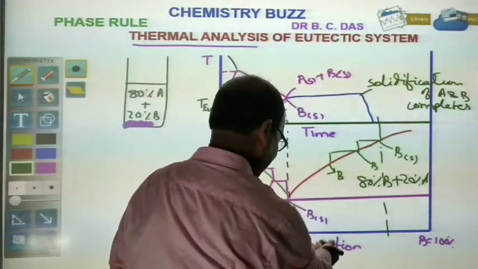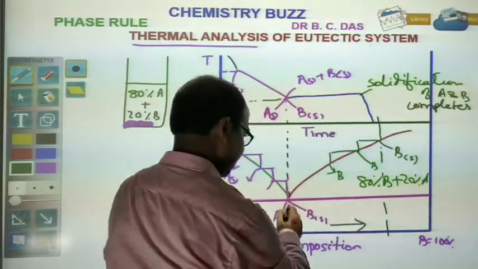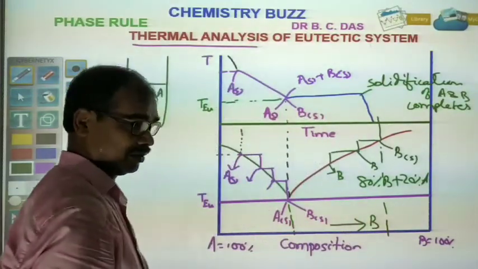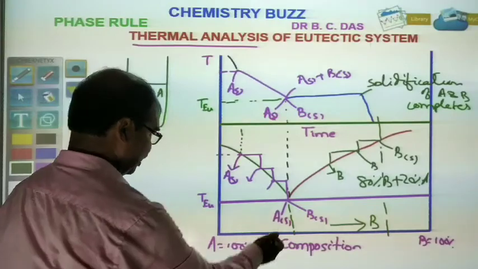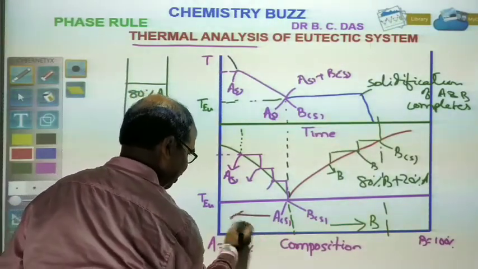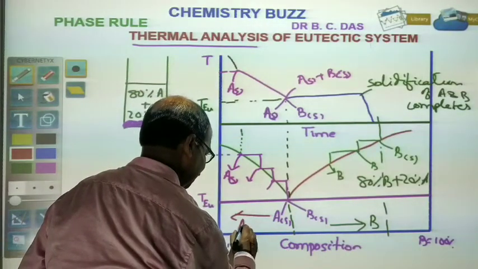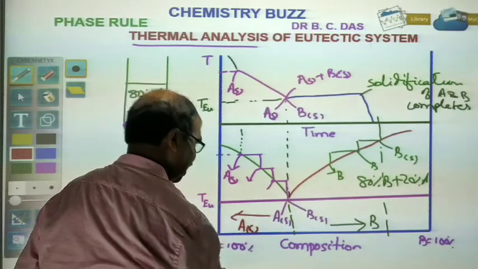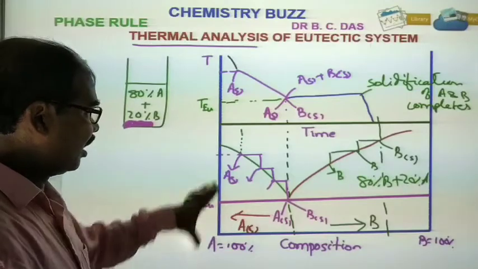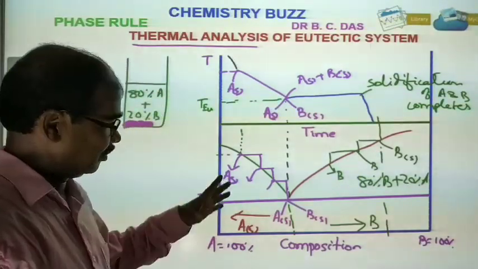If the composition lies to the right, in this direction from this point, then B will appear as solid, and for this composition range from 100% A to this point, the solidification of A will occur. So this is the thermal analysis we have performed.